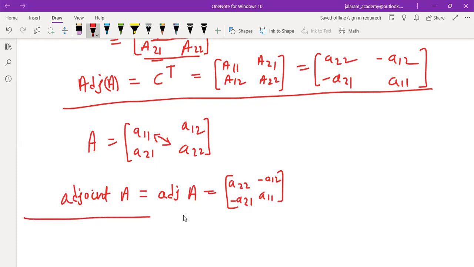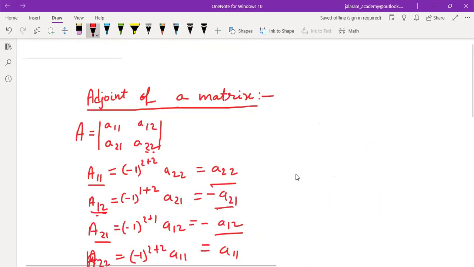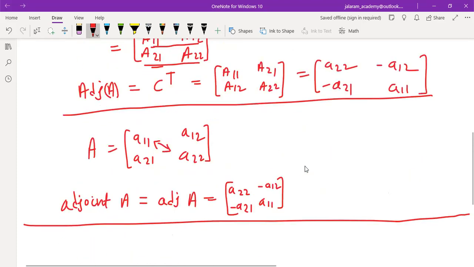So it will give the adjoint of a matrix of order 2 cross 2. Very easy. We can directly find the adjoint of a matrix of order 2 cross 2 by this method. And the proper method is the previous one, but you are suggested to find the adjoint using this method only.